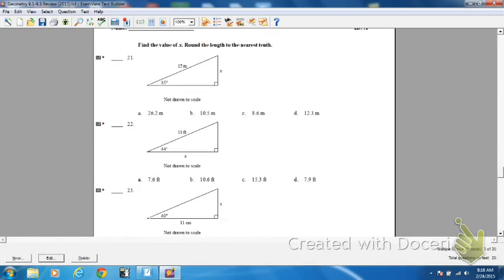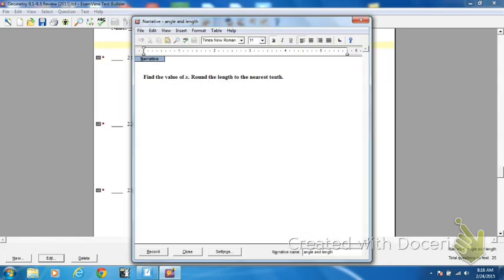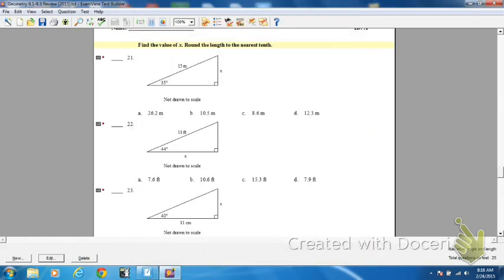Number 21, we're back at some normal problems here again. We have an angle, we have opposite side and hypotenuse, and so that's going to be the sine function. Sine of the angle equals opposite over hypotenuse.